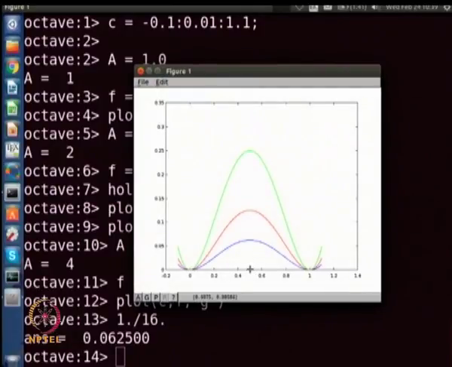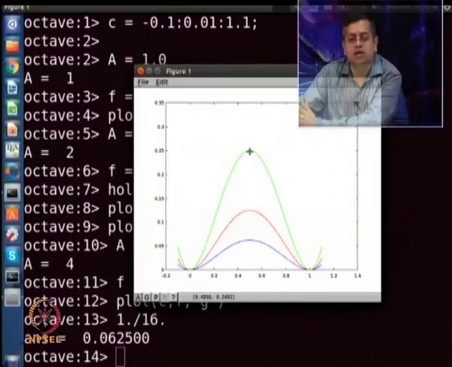So, there are 2 parameters which we are going to change during the simulations. One is A, the other one is kappa. What is the meaning of A? A tells that from this minima to this minima, you have to overcome a maxima in between, and how much this barrier height is, is what is decided by A. So, if A is 1, it is 1 by 16, if A is 2, it is 2 by 16, if A is 4, it is 4 by 16.